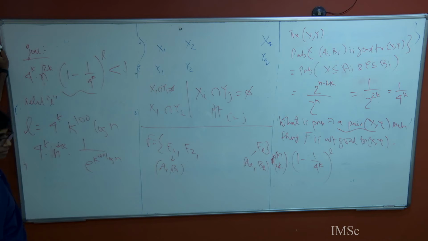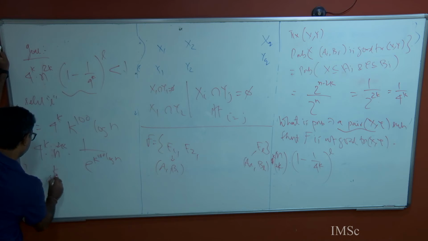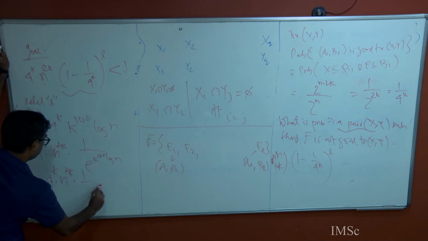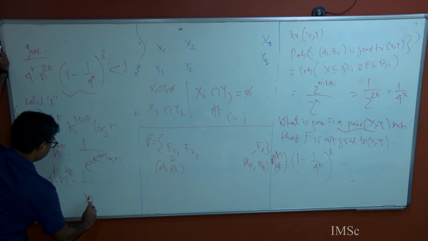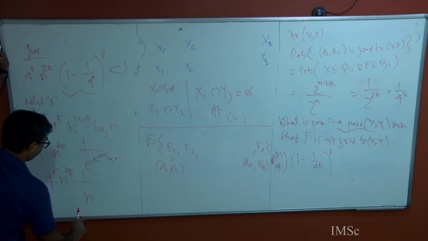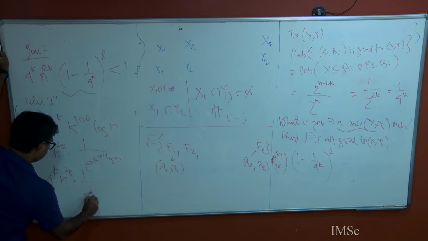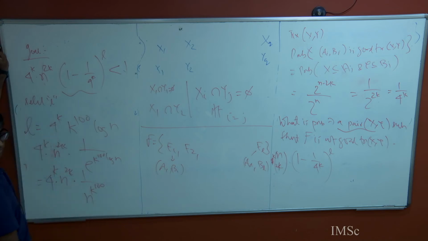What is e power log n? It is n. So roughly n to the power of something large and negative, which is definitely less than 1.